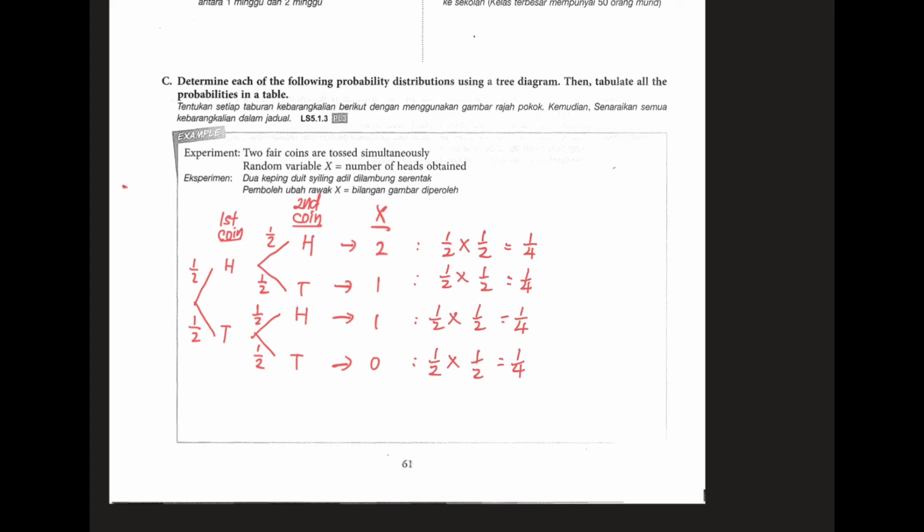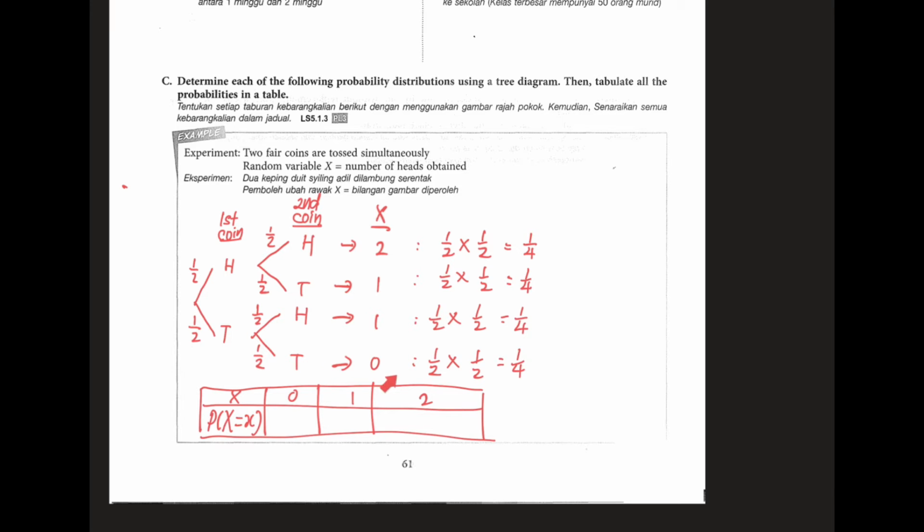Okay, now we put them in a table. We build a table with 2 rows. The first row is the X. The second row is the probability of X. We can only take 0, 1 and 2. Probability of 0 is this case, the last case, 1/4.